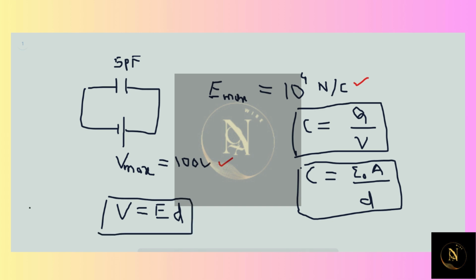So if you want to measure the potential difference between these two points A and B, you can use V equals E, the electric field between the points A and B, times the distance between the two points A and B. That is how we measure.